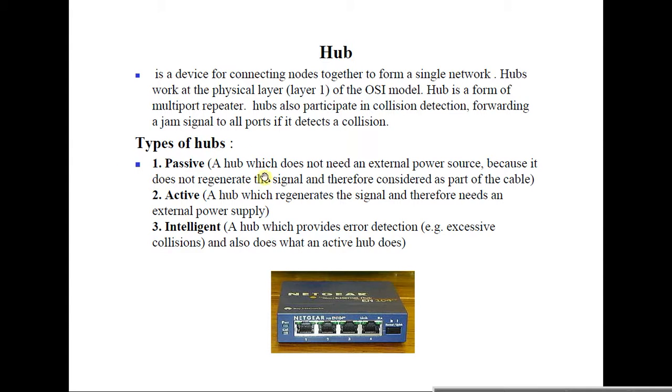It is just used for connecting the devices to the central point. Second is the active hub, a hub which regenerates the signal, therefore needs an external power supply. Intelligent hub is a hub which provides error detection, and it also provides the functionality of an active hub, which regenerates the signals.